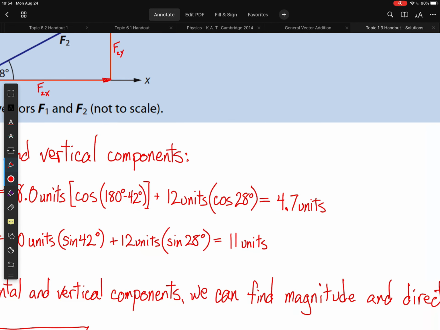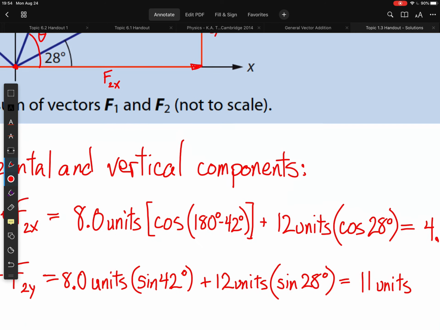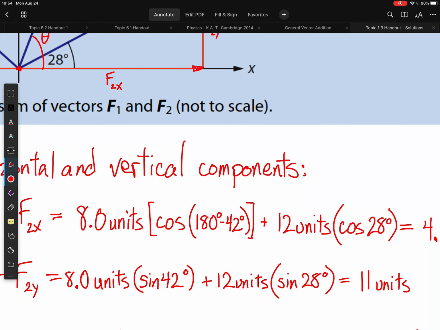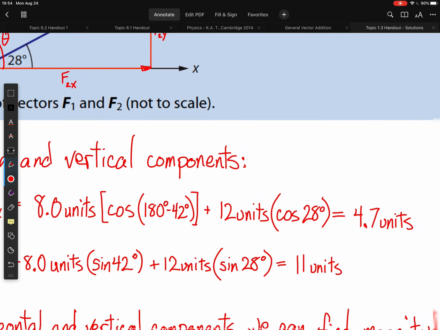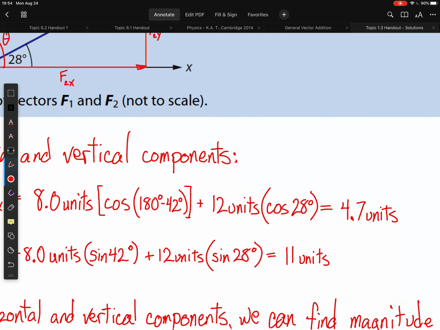And when we do our math in our calculator, this could be two operations, it could be one operation as I've shown here. If you want to break this down so you're calculating the horizontal components separately, it's not a bad idea. In fact, I kind of recommend that you do that because you can pick up marks where you might lose some marks if you do too much stuff at once.